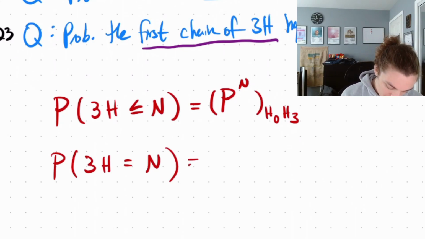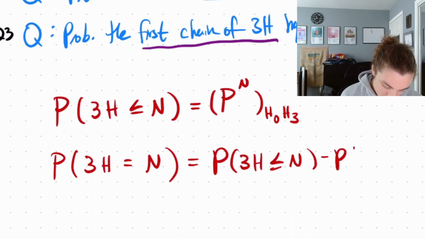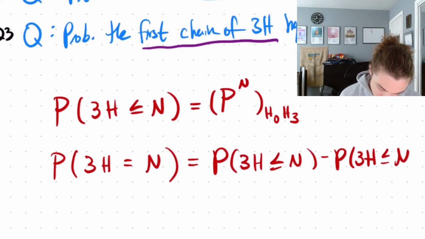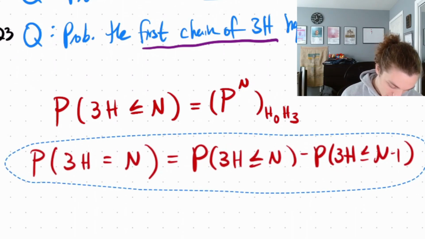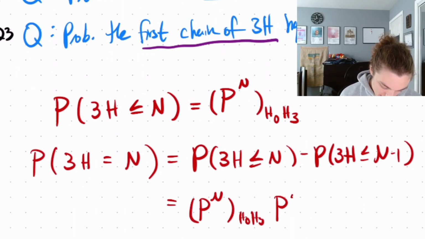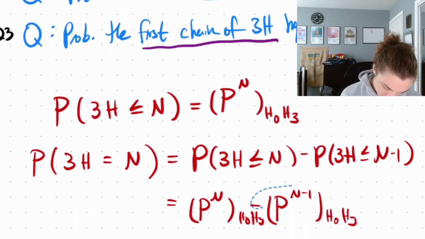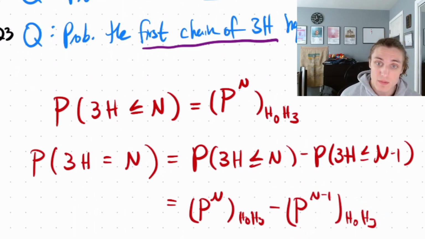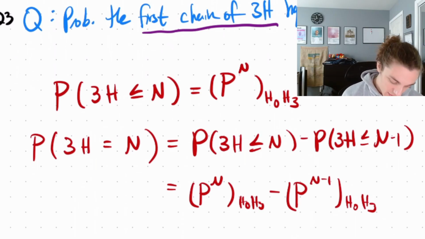Well, this is just going to be equal to the difference by definition: the probability of 3 heads in less than or equal to n minus the probability in less than or equal to n minus 1, by definition of a cumulative distribution function. And this is going to be P to the n, H0, H3 minus P to the n minus 1, H0, H3. It's this difference right here. All right, and that is our answer to question 3.